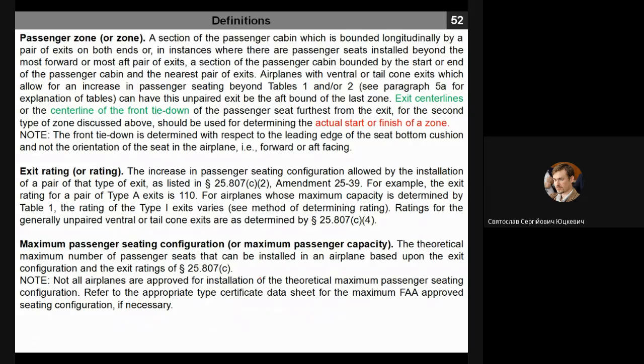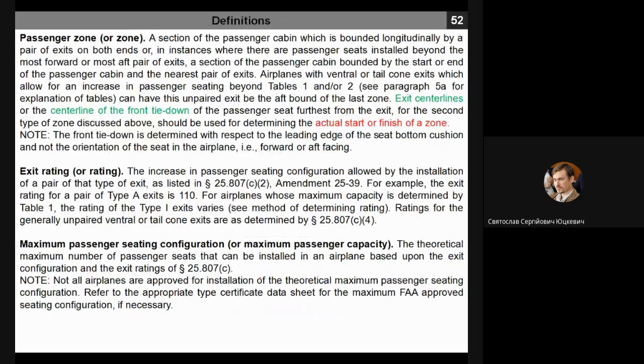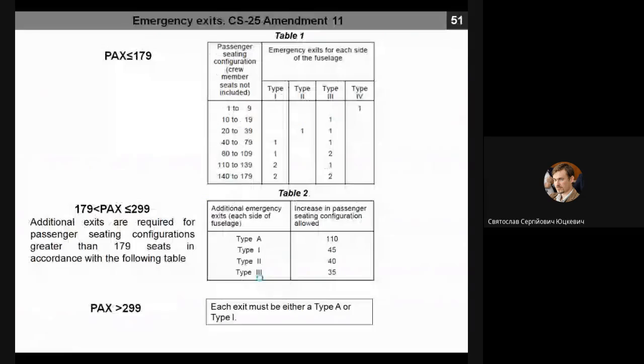Okay, let's summarize our knowledge. Maybe do you have questions? We could discuss them because it will be another part for the determination of the redistribution of the doors. So do you have questions about the ratings of the doors? So this number of passengers of the doors is a rating of the door.